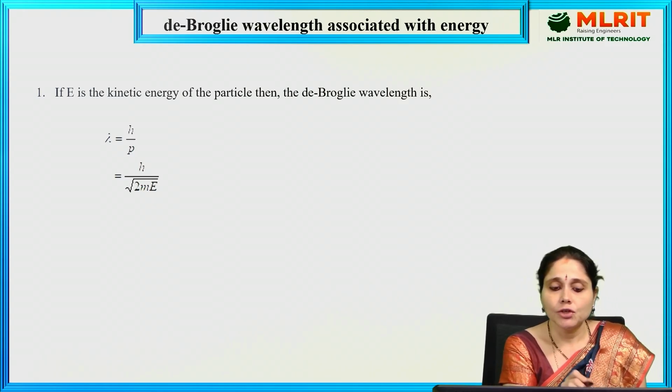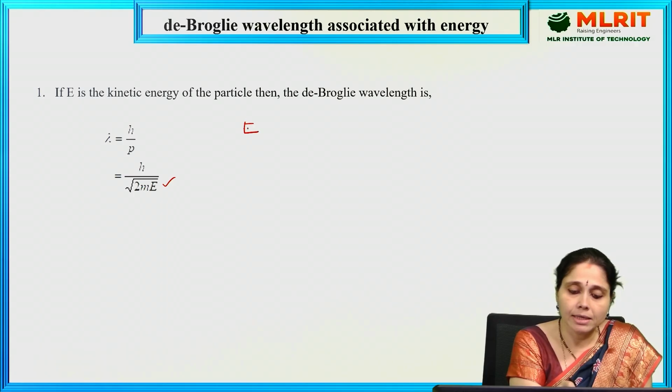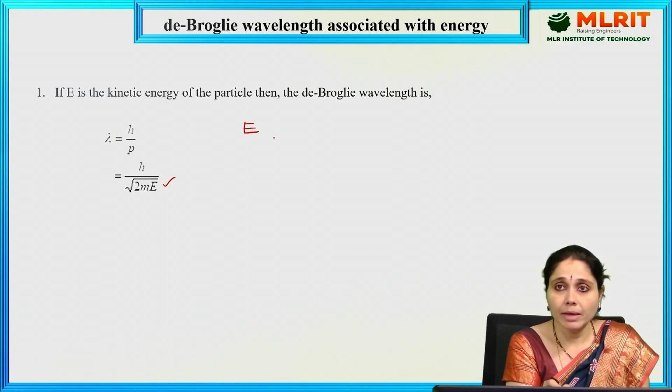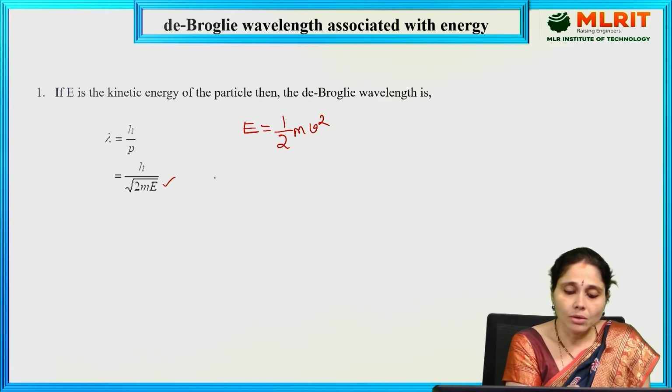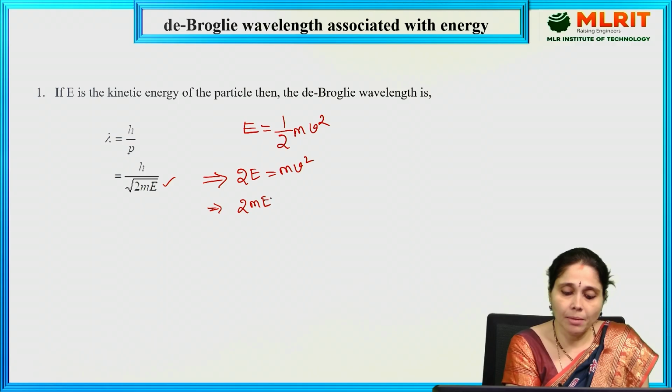Next, coming to the de Broglie wavelength associated with energy. If E is the kinetic energy of a particle, then the de Broglie wavelength lambda is equal to h by p, that is equal to h by root over 2mE. Let us consider the kinetic energy, the energy possessed by a body by virtue of its motion. It is usually represented with KE, but here we represent it with E. E is equal to half mv square. So 2E equals mv square, or multiply with m on both sides: 2mE is equal to m square v square.